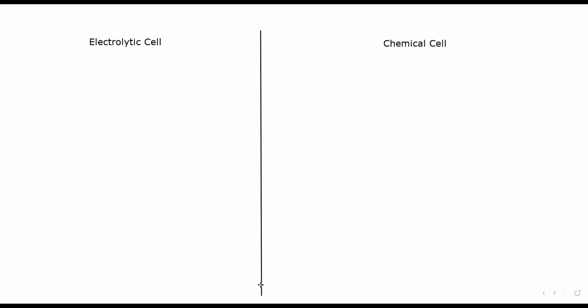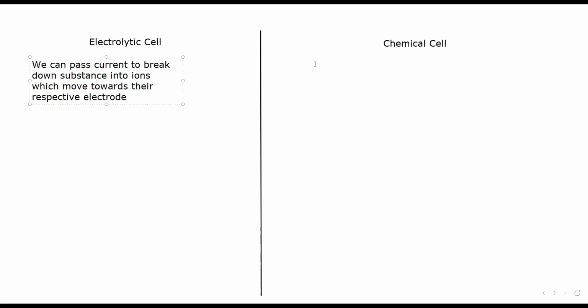So in electrolytic cell, we pass the current to break down the substance into ions which move towards their respective electrodes. This is what happens in electrolytic cell.